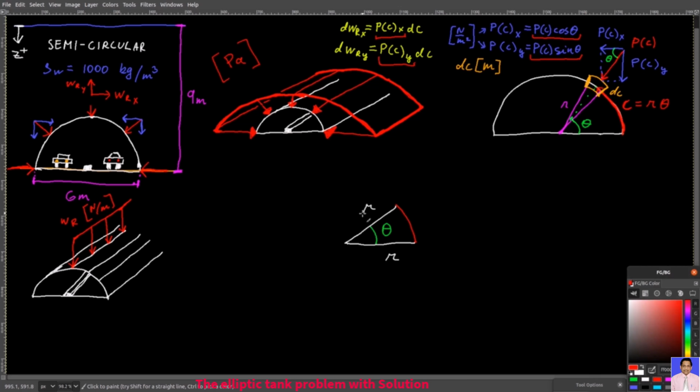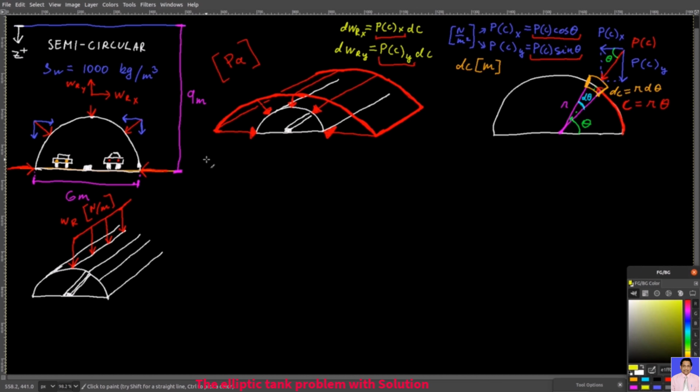If you have your radius and your theta, then your arc length equals r times theta. But that also means that if I now have here d theta, a differential angle, then my dC, my differential circumference or differential arc length, equals r times d theta.